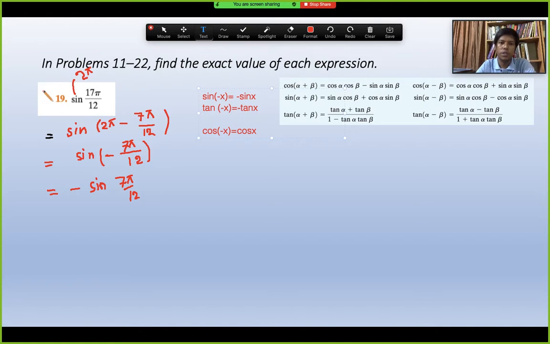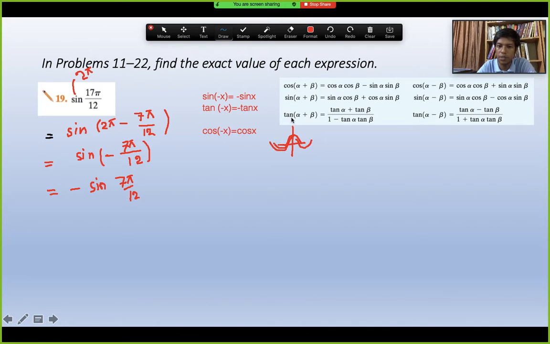The reason is their periodic property. This cosine function is actually an even function. You can think about the graph of the cosine function, which is like this, symmetric on the left side and right side.